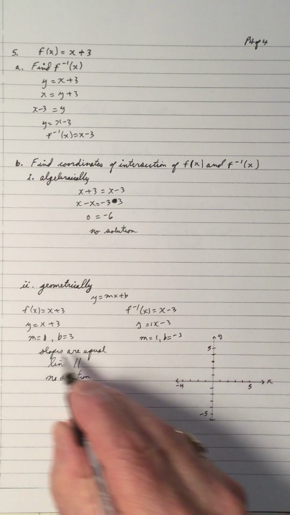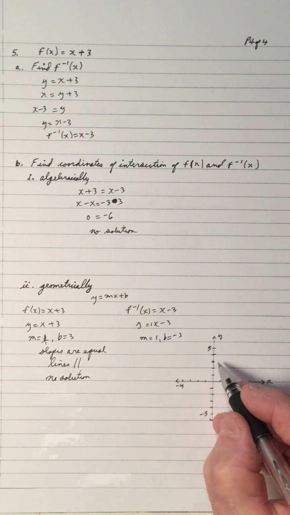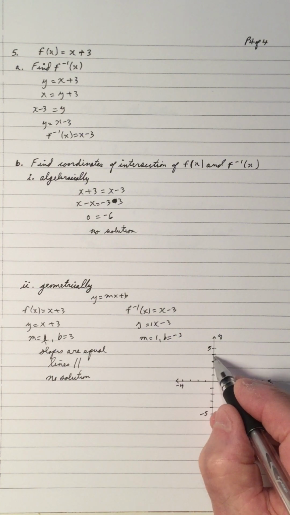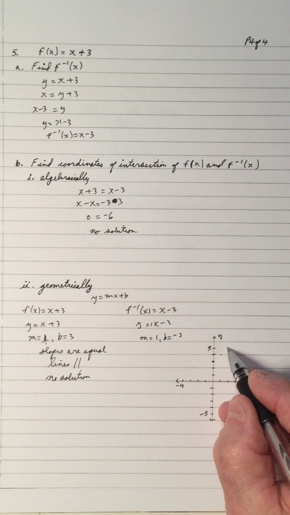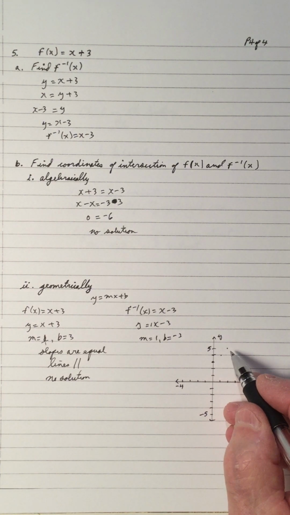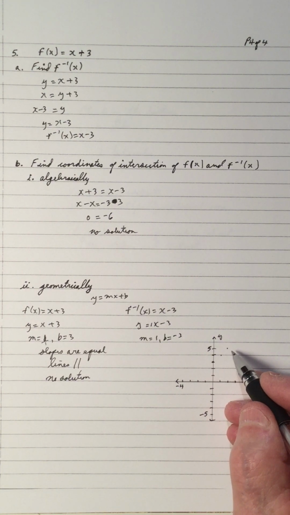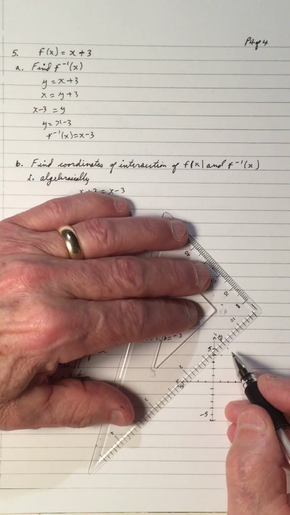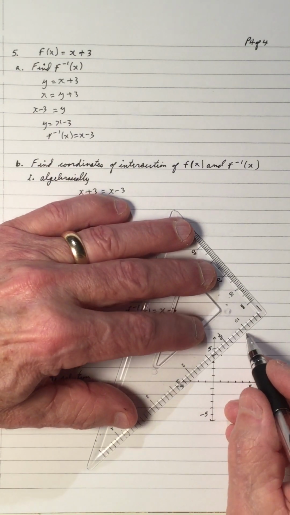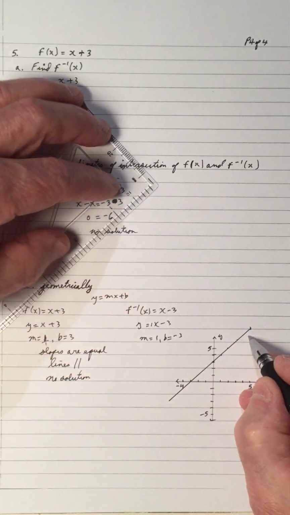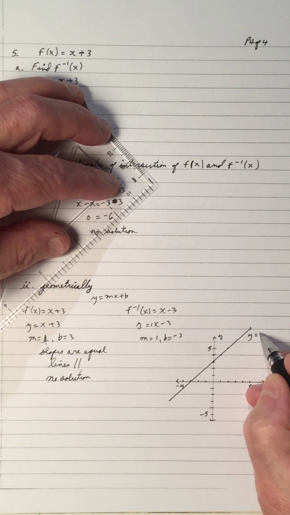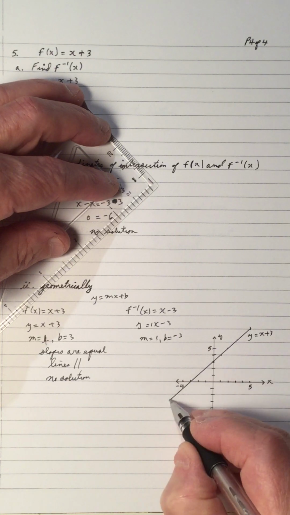The slope is 1 over 1, so I rise 1, run 1, rise 1, and run 1. Allow me to draw the line going through that. So that's the line y equals x plus 3.